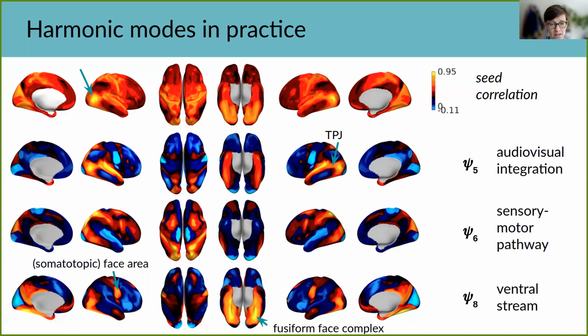And in this functional harmonic mode, you can see the ventral stream, including the face complex for recognizing faces. And interestingly, it also includes this face area that I mentioned before. So it's others, faces, and your own face. That has to do with this network.